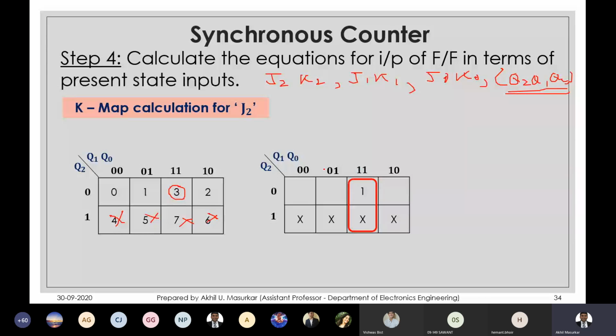Can you tell me the term here, in terms of Q2, Q1 and Q0? Q1 and Q0. So J2 is going to be Q1 and Q0. Don't write this, write only the second K-map. The first one is for me. That is right, Shubham. Q1 and Q0.